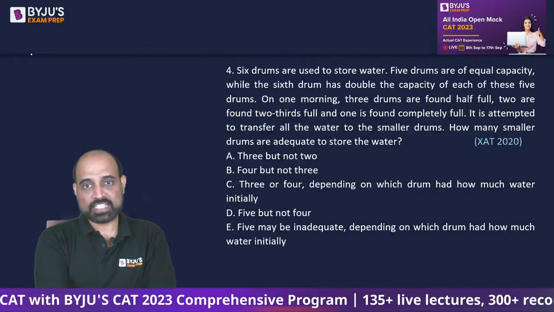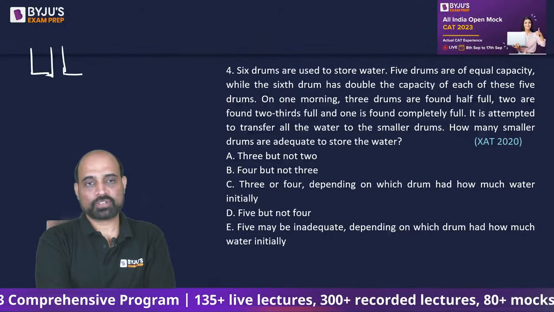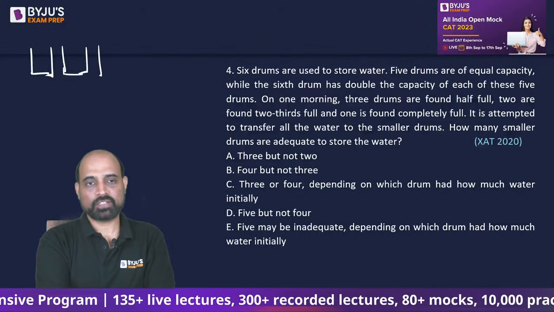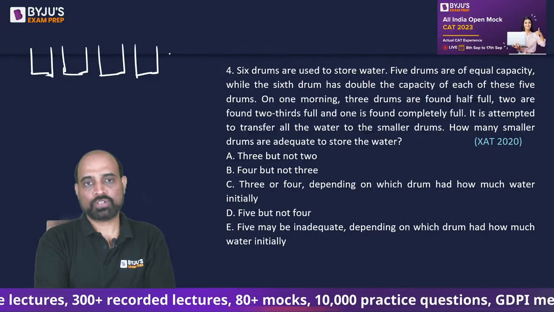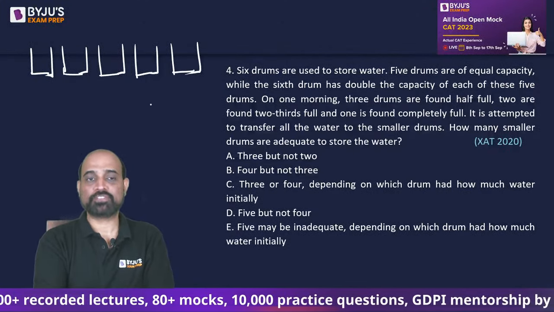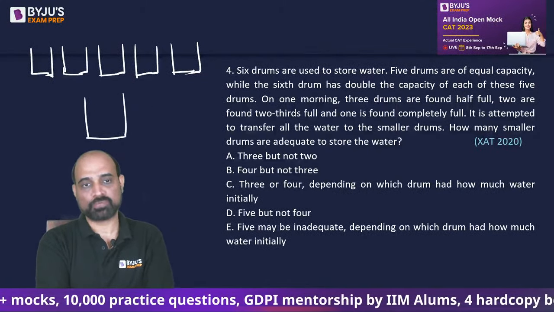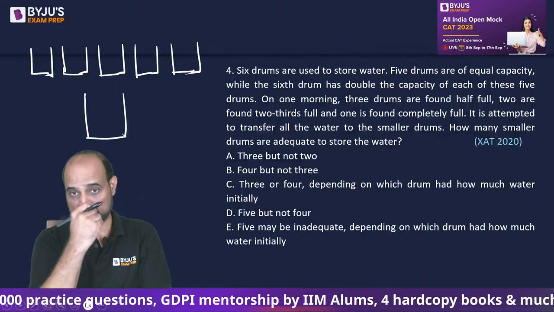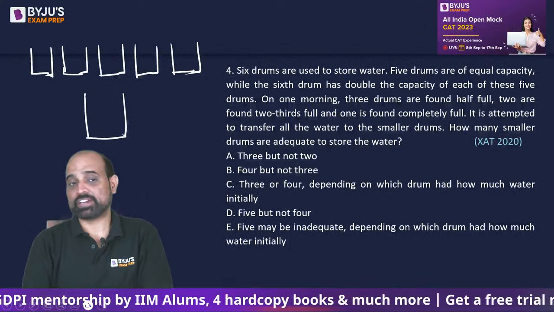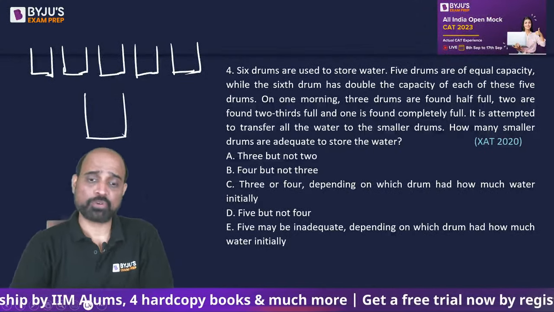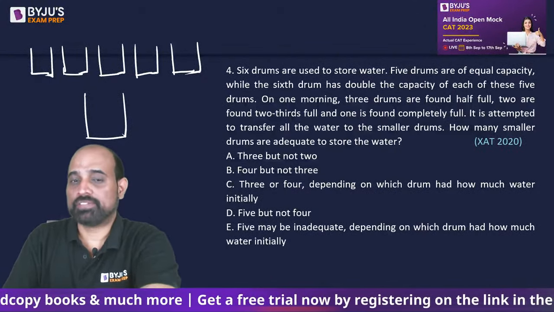So, since we are talking about 6 drums, let's make 1, 2, 3, 4, 5. So 5 drums are of equal capacity, and then we have a large drum which is twice the capacity. Now what should be the volume I can take? I can take a variable, I can take a value here, but here I am going to prefer some numerical value.